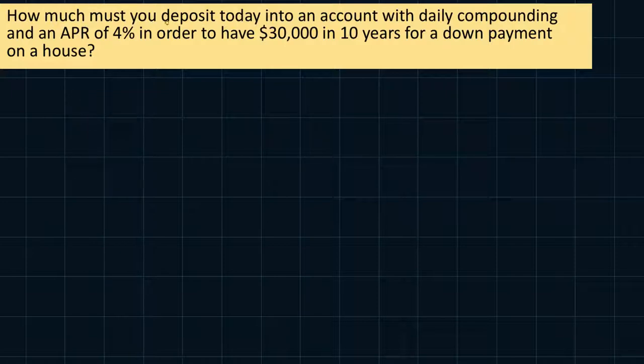We're looking for how much we must deposit today. So today means what is your P? That is what we're looking for. So let me cross that out. We have daily compounding. Remember that daily compounding goes with the 1 plus R over N formula. And daily is the N. So that's telling us that N is 365 because we're getting interest every day.